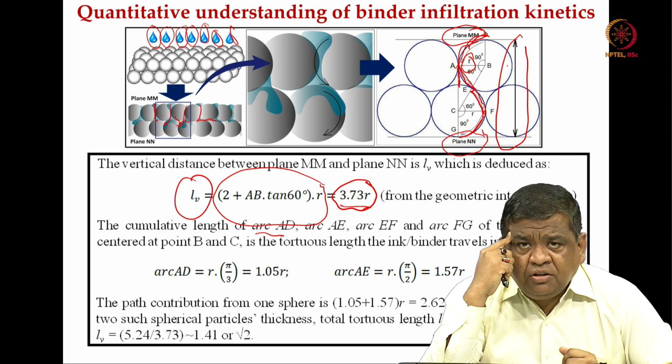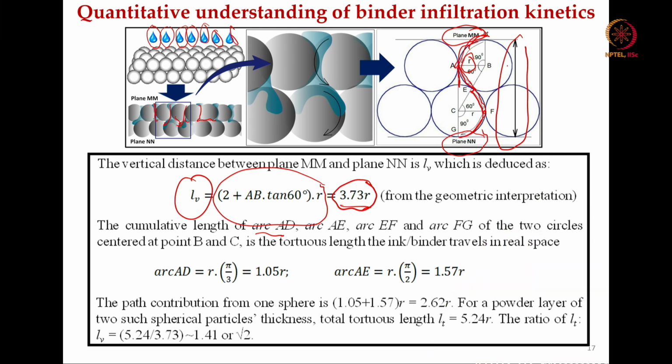Now, if we consider the arc length of AD, AE, EF and FG, then that will essentially show you the tortuous path that the binder will travel during the capillary infiltration process. And this tortuous length that the ink travels in real space is 1.05 r plus 1.57 r, so 2.62 r.